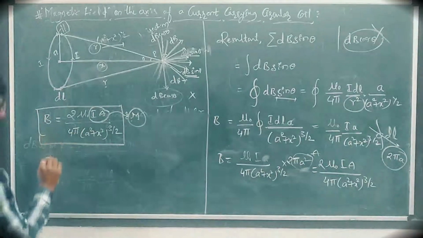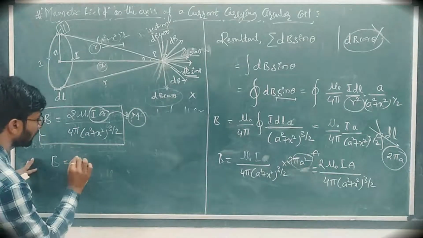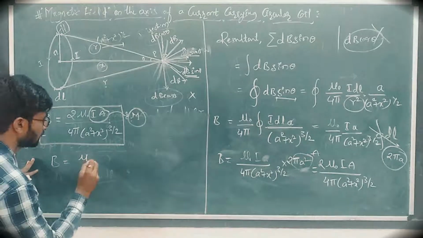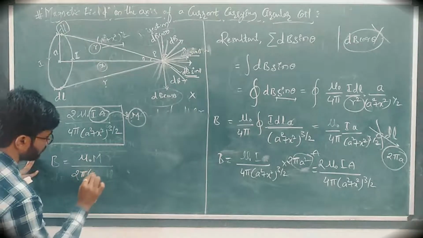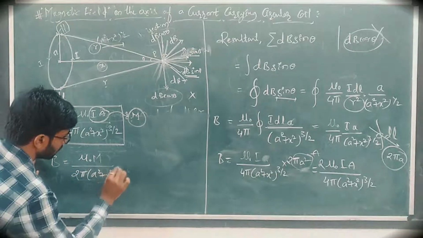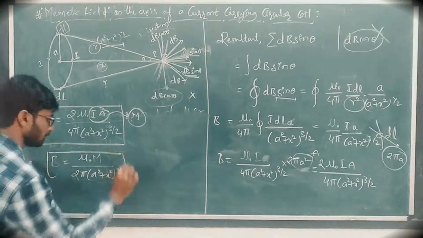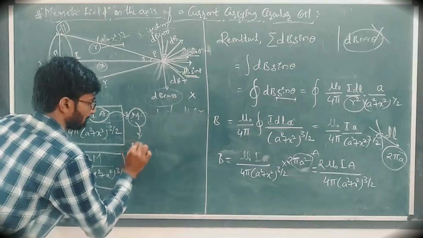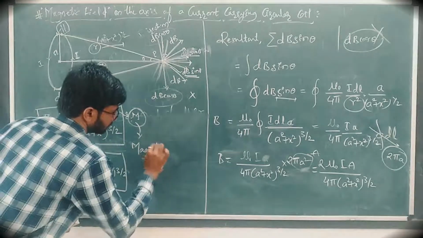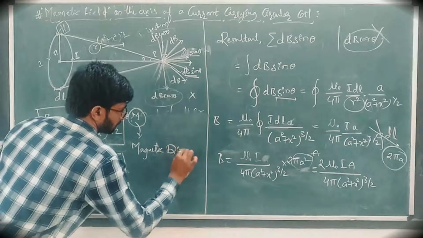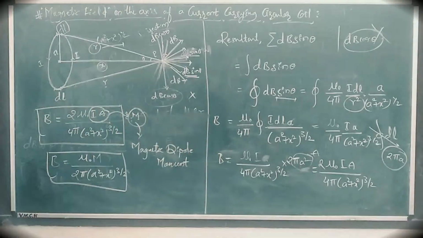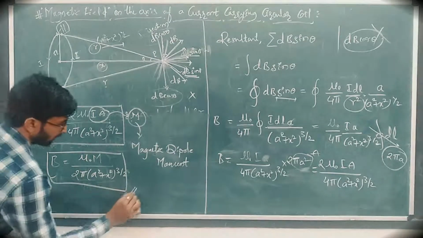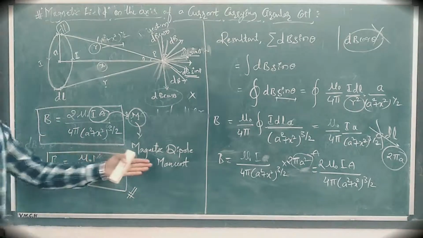So now B equals mu naught m by 2 pi, a square plus x square to the power 3 by 2, where m is the magnetic dipole moment. Is that right? This is the final expression in terms of the magnetic dipole moment.